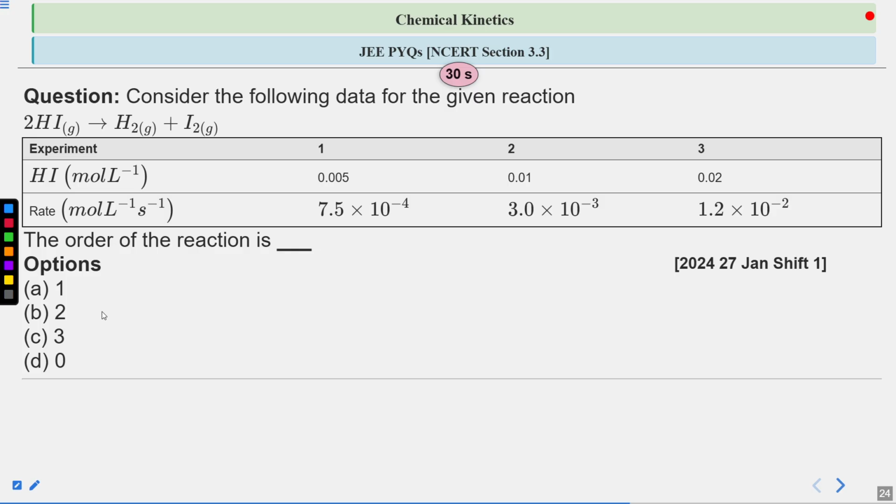So you have to find out the order of the reaction, remember, following the given tabular data. You have been given some time, try to solve this, then we will see the correct answer.